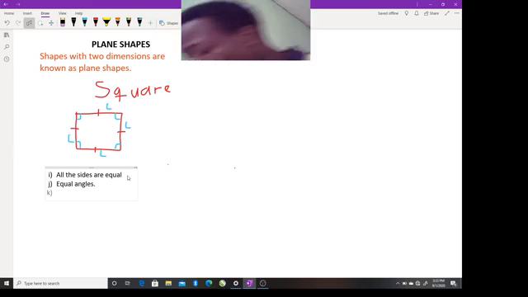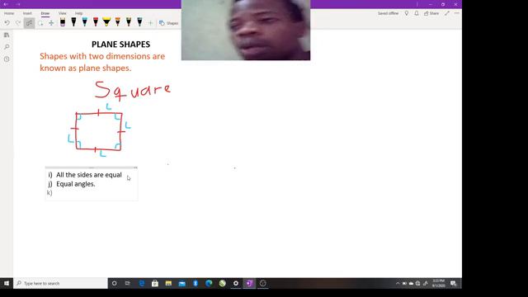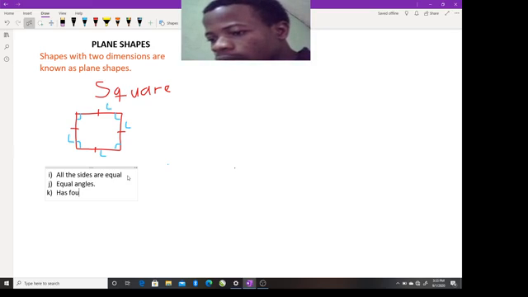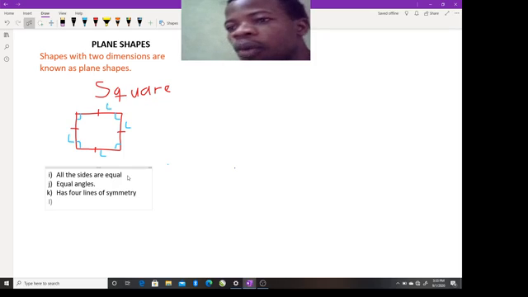Apart from the equal angles, what other property does the square have? A square has 4 lines of symmetry.